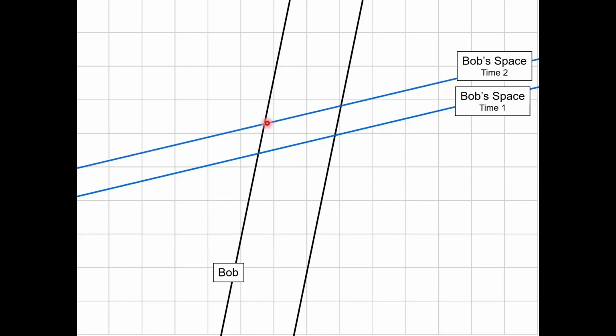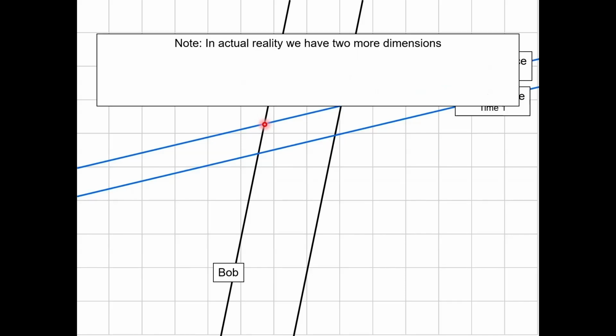So this is Bob's space, and we'll call it time 2. Note that in actual reality, we have 2 more dimensions. So space is defined in two more directions, and this means space is three-dimensional.